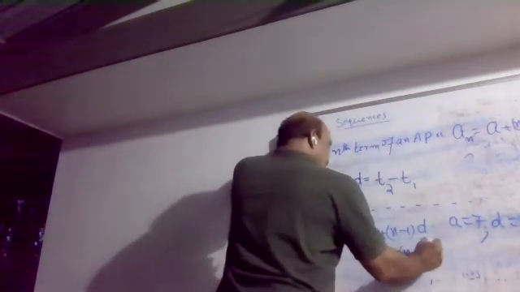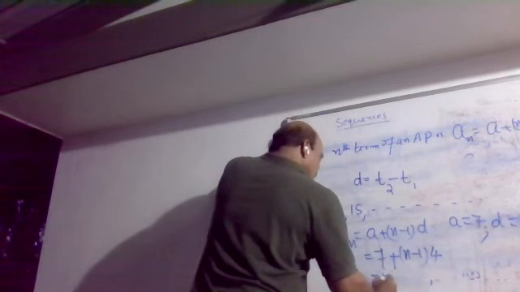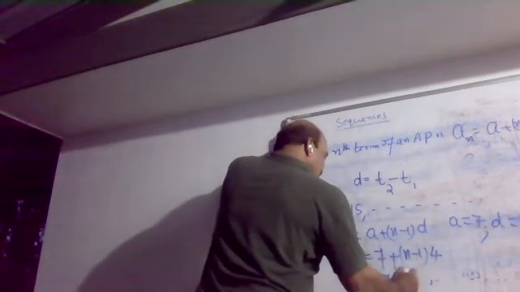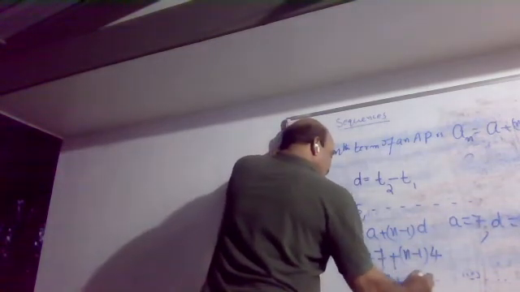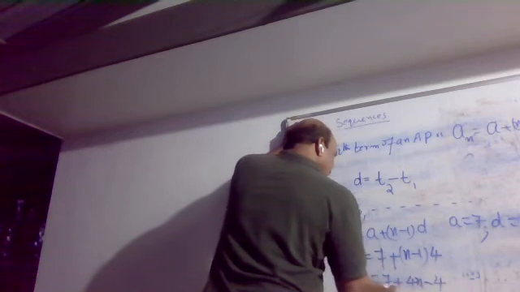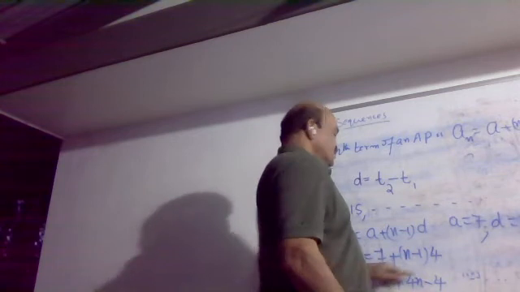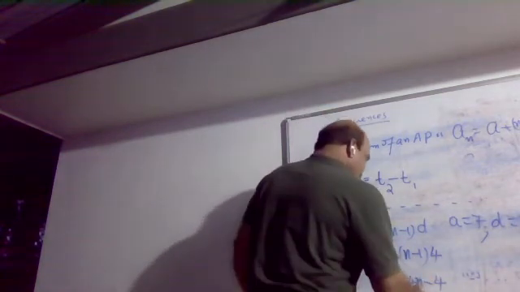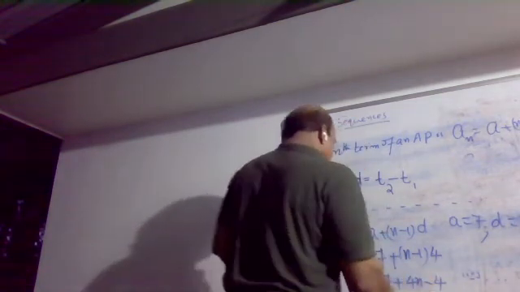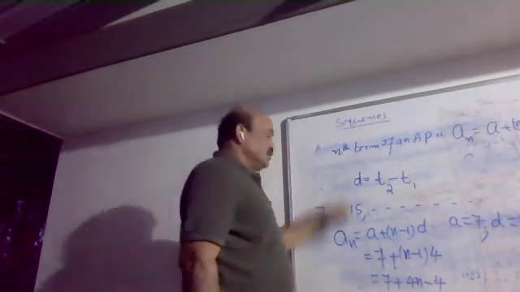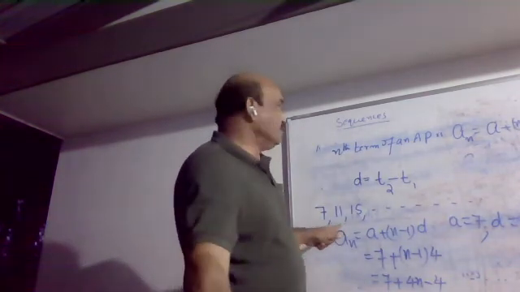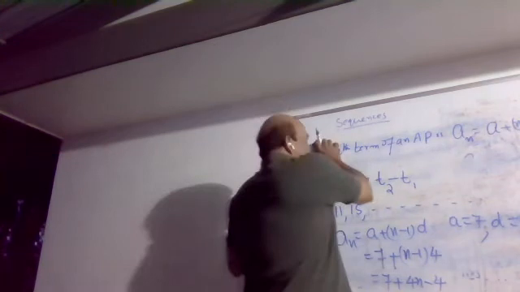Substitute: 7 plus 4 into n minus 1, remove the bracket, 4n minus 4. 7 minus 4 is equal to 3. So 4n plus 3 is the nth term of the sequence. The formula for the nth term is 4n plus 3.